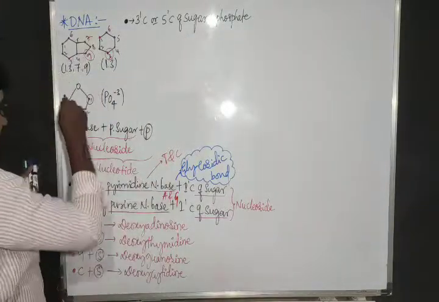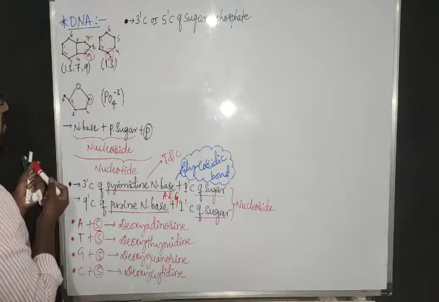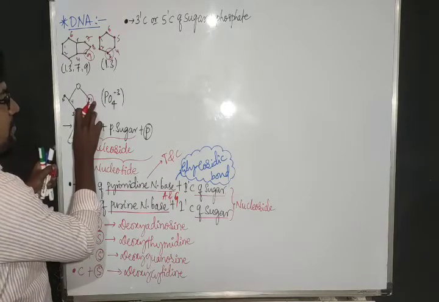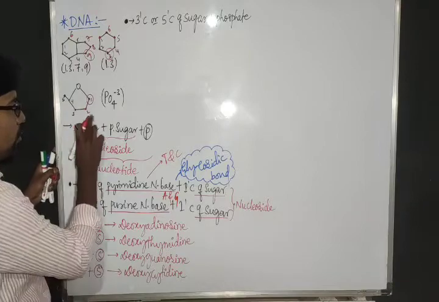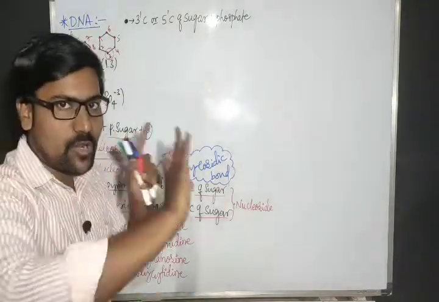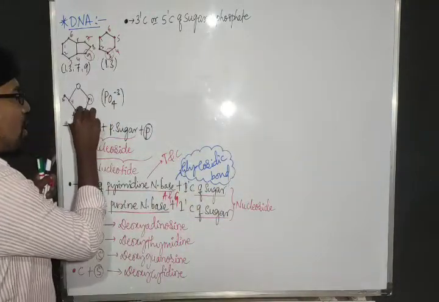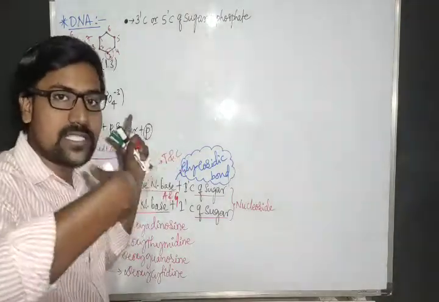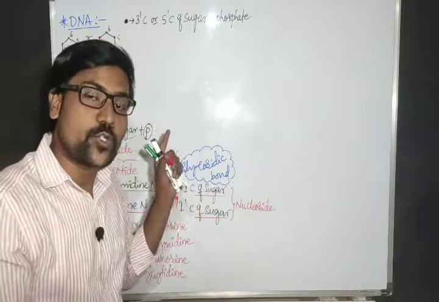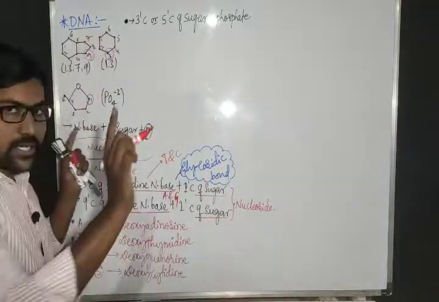Now the sugar molecule, come to here. Already the first carbon of this sugar combined to the nitrogen base. Now the first corner will not work. The second corner is also not working. Why? Because from the second carbon the oxygen atom is removed, it is deoxyribose sugar. Hence it will not work.